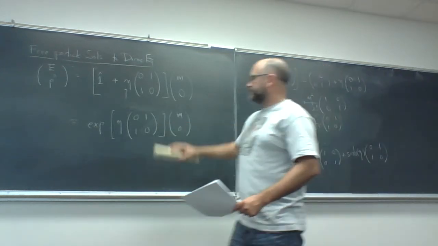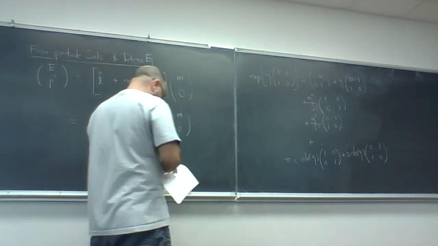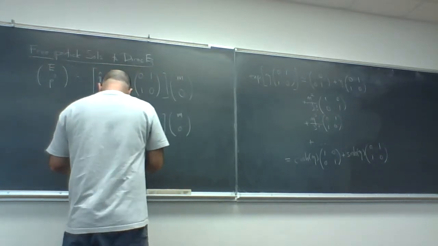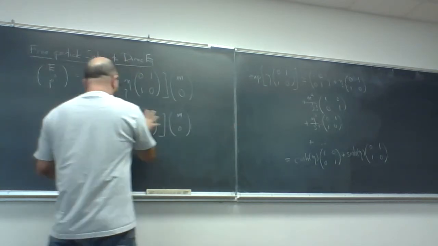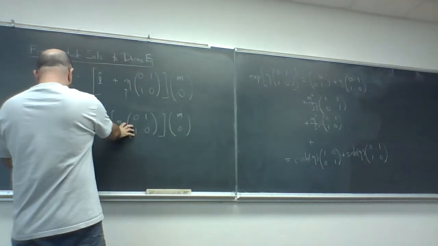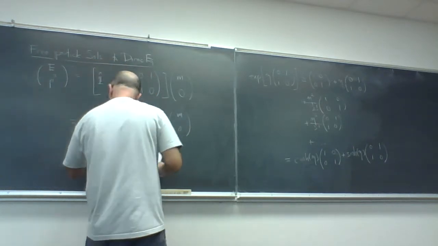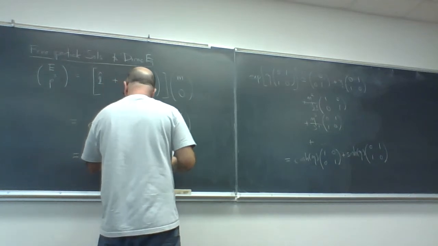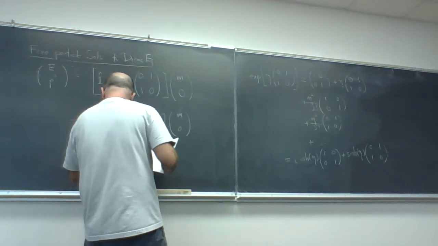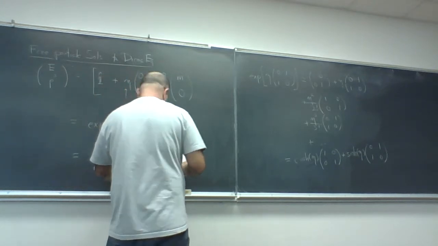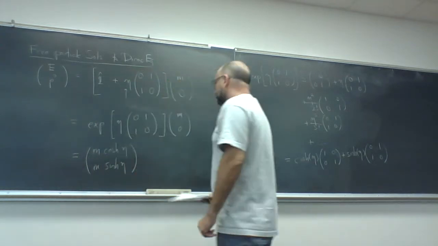So what I have here is this exponential, but let me rewrite it in terms of the cosh and sinh. So I have that thing over there, and when I plug it in here and multiply through, I end up with m cosh eta, m sinh eta.